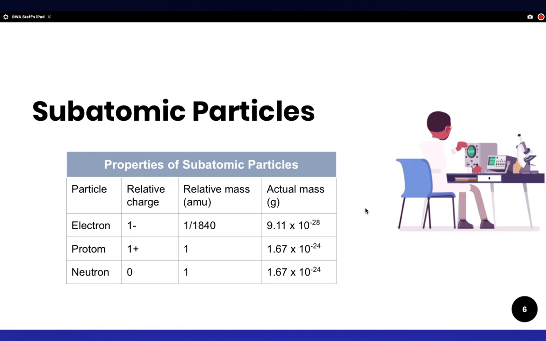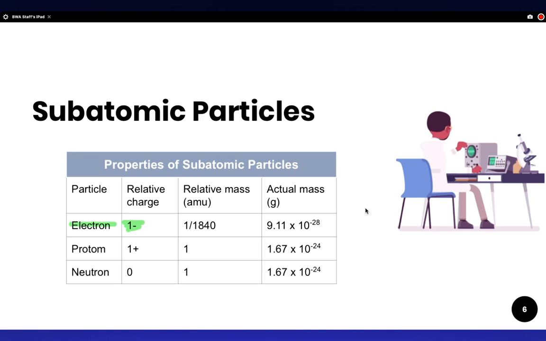Okay. So here's that table I was telling you about. Here's what you need to know about the subatomic particles. Electrons have a charge of -1, and their relative mass, so their mass compared to a proton, is 1 over 1840.